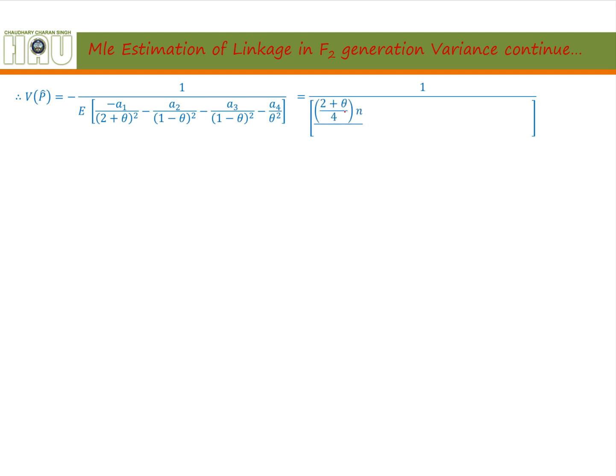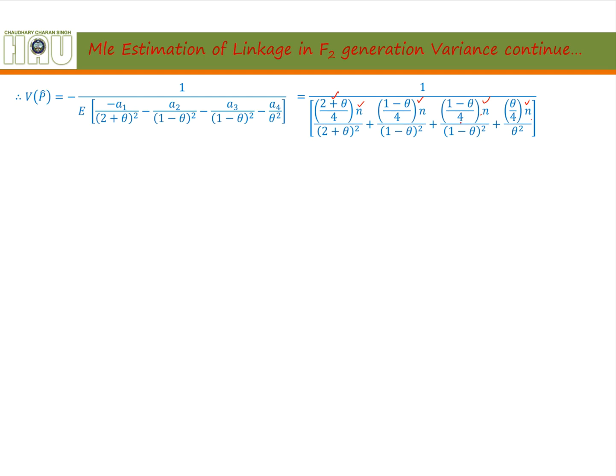And I will get 1 upon expected value of A1. A1 is nothing but 2 plus theta by 4 into total number of individuals. For A2, this is the expected value, for A3, this is the expected value, and for A4, this is the expected value. You just substitute these values in this equation and simplify it.